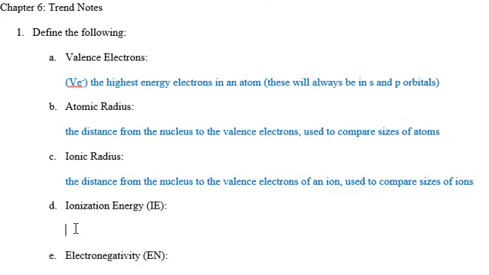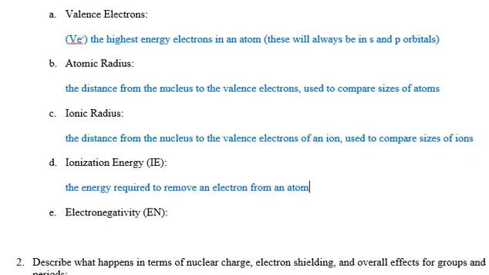Alright, ionization energy. This one is pretty straightforward in the book. It is the energy required to remove an electron from an atom. And then finally, in our definitions here, we have electronegativity.